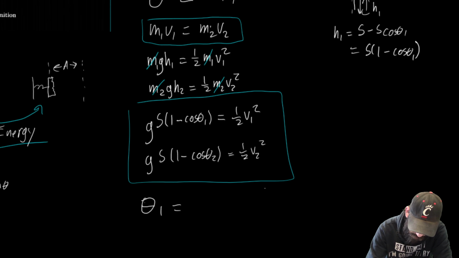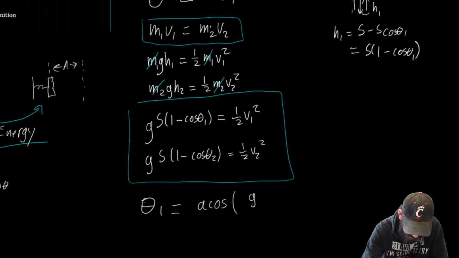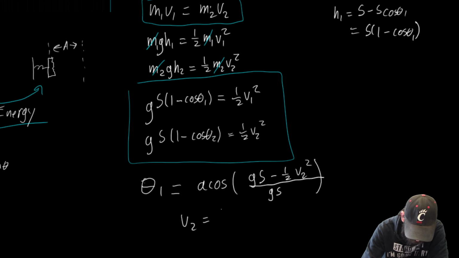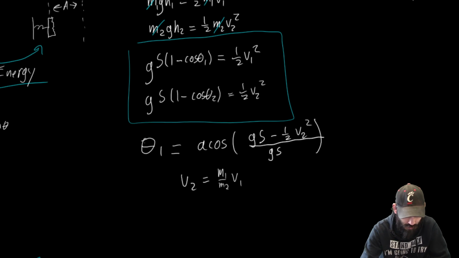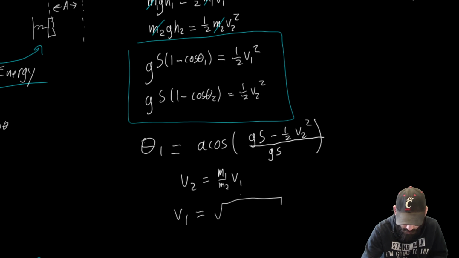When we move this around, we have an arc cosine here: theta 2 is equal to a cos of (GS minus 1/2 V2 squared) divided by GS, where V2 is equal to M1 divided by M2 times V1, and V1 is the square root of, or we could just do V1 squared.